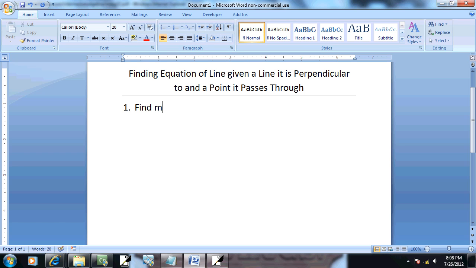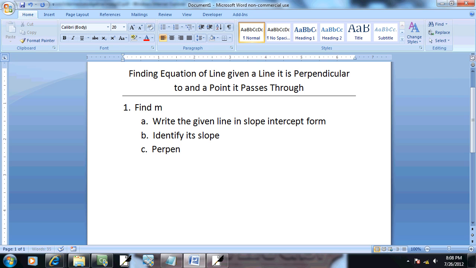Step 1, find m. And within that, we're going to write the given line in slope-intercept form. Identify its slope. And see, perpendicular lines have slopes that are negative reciprocals.